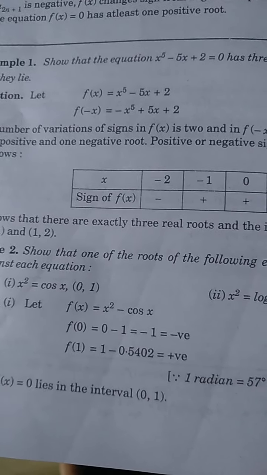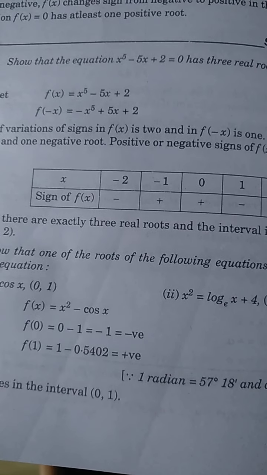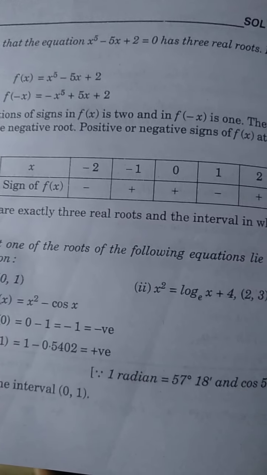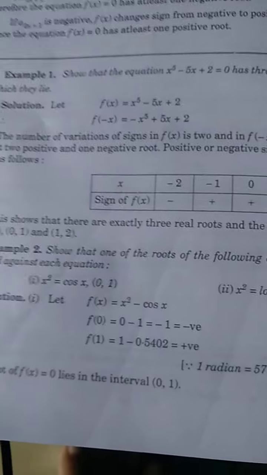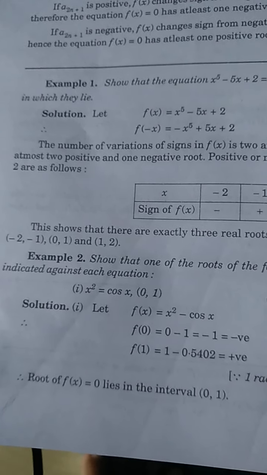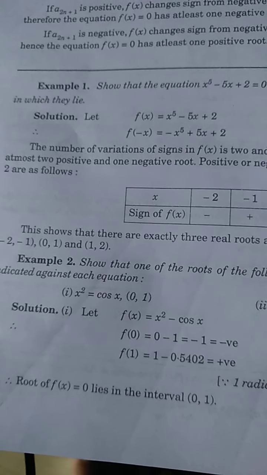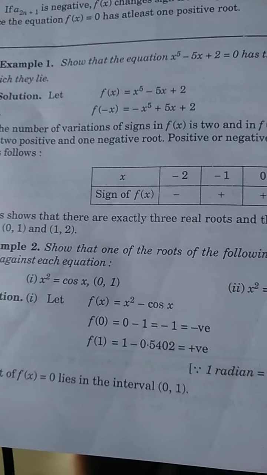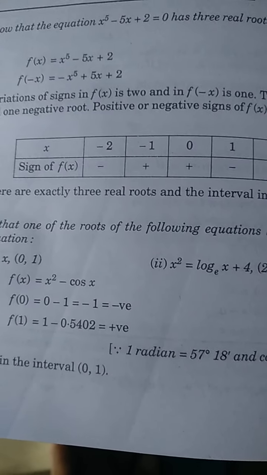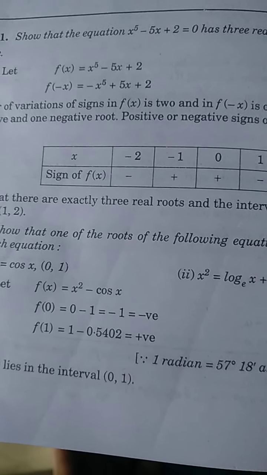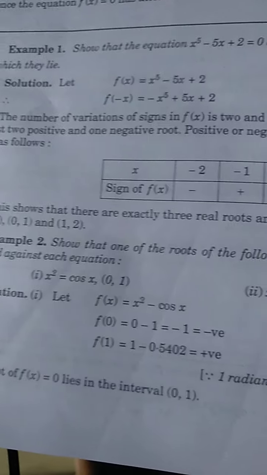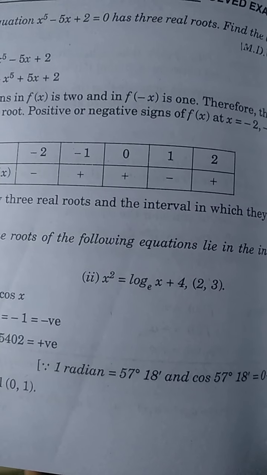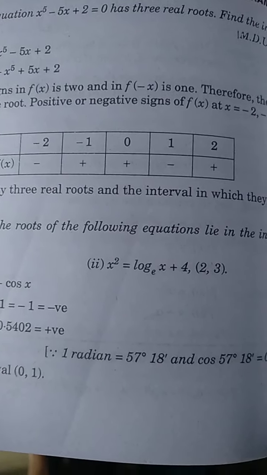This shows that there are exactly 3 real roots, and the intervals in which they lie are -2 to -1, because there is a change of sign, then 0 to 1, and 1 to 2, where the sign changes from minus to plus. From -1 to 0 there is a continuation of sign.